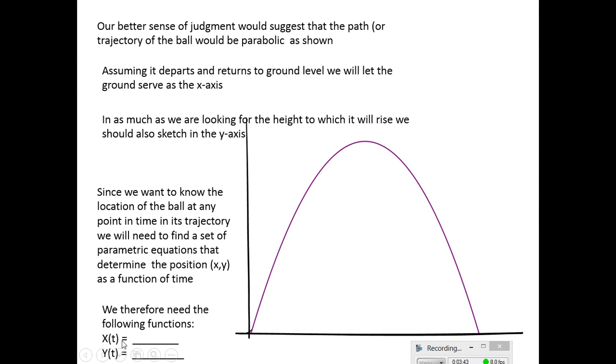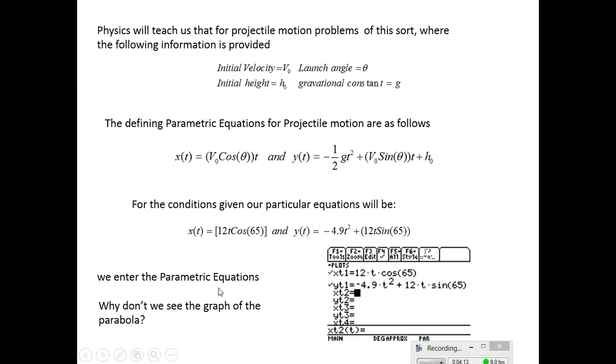What is the function in t for the x-coordinate of this path, and likewise, what is the function in t for the y-coordinate of this projectile? Of course, these are parametric equations. Once we have them, we can key them in and our calculator will generate this path. So let's take a look.